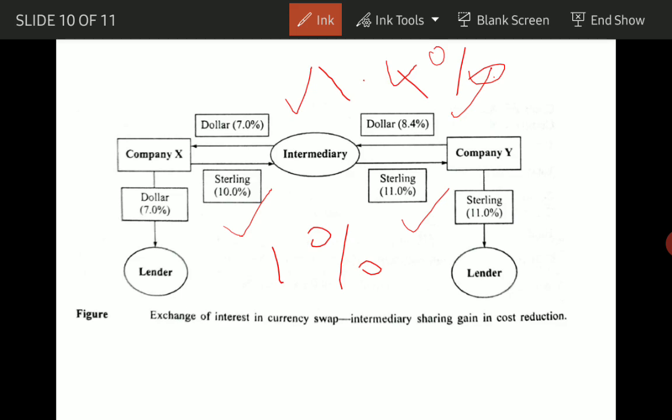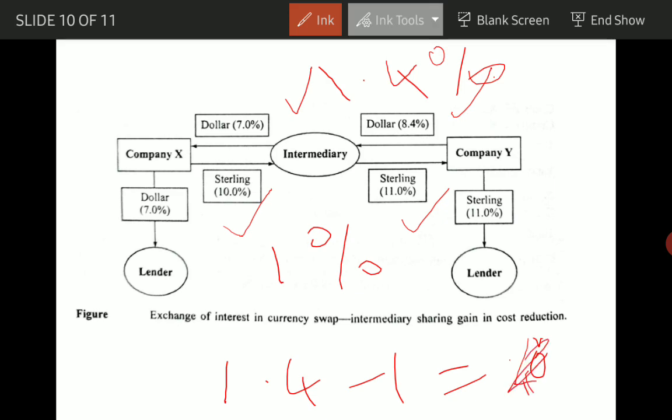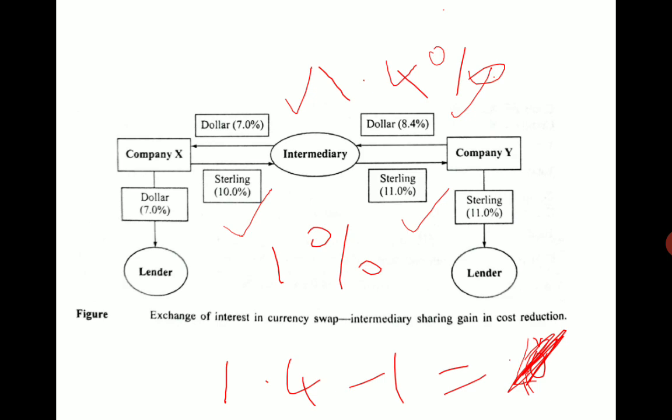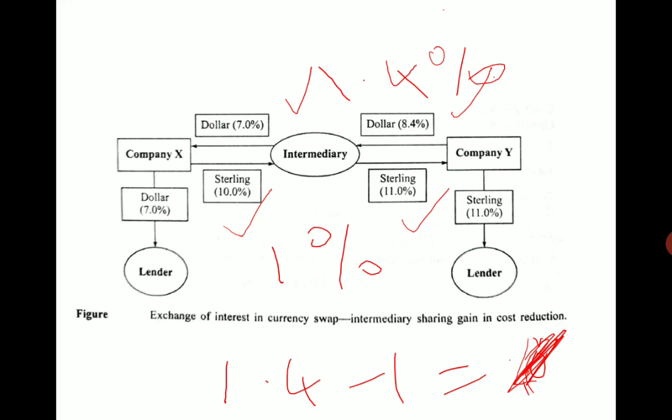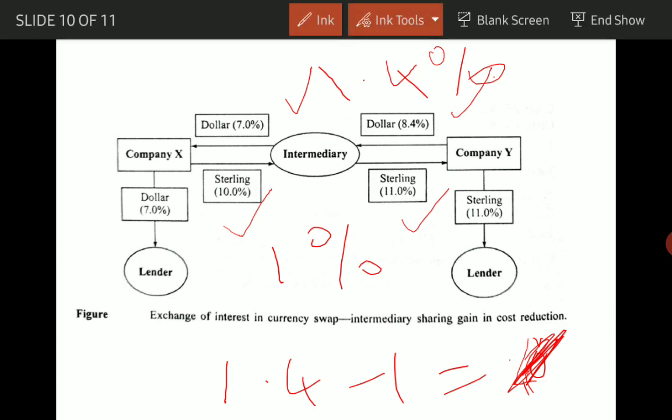So here the intermediary is making a profit of 0.40.